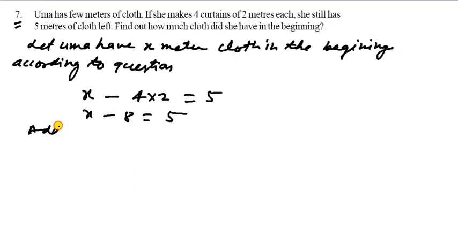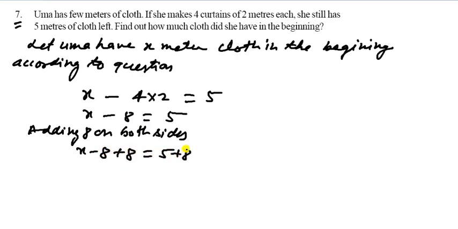Now adding 8 on both sides. So x minus 8 plus 8 will be equal to 5 plus 8. So 8 will be cancelled out. So x equal to 5 plus 8, that is 13.